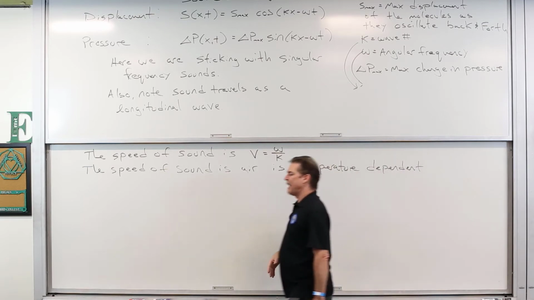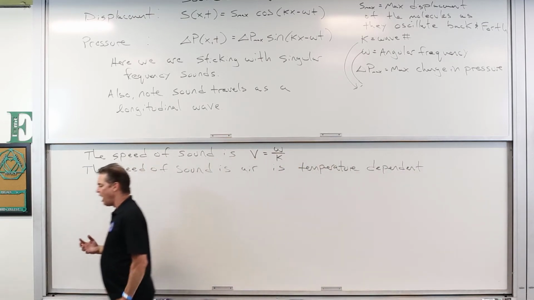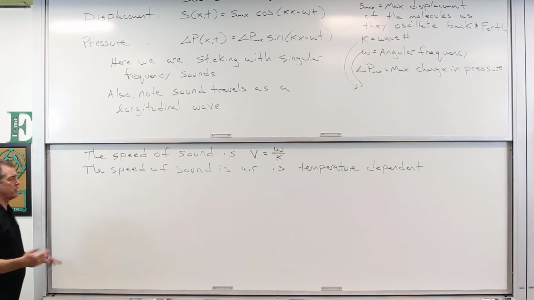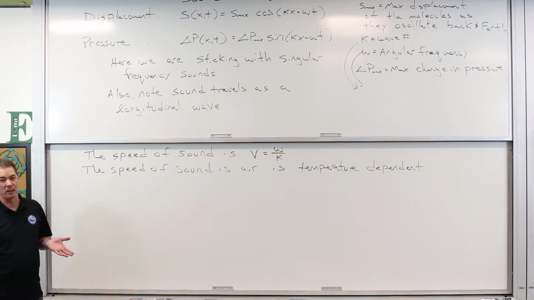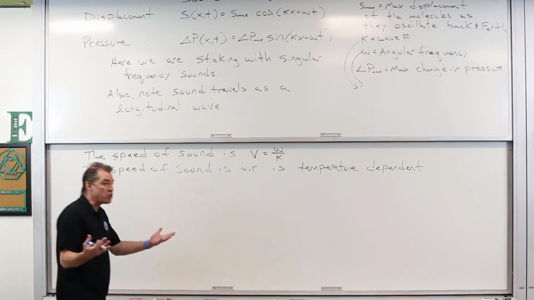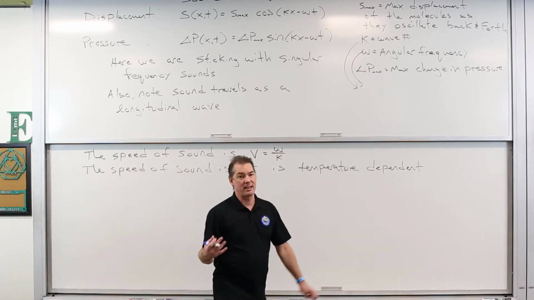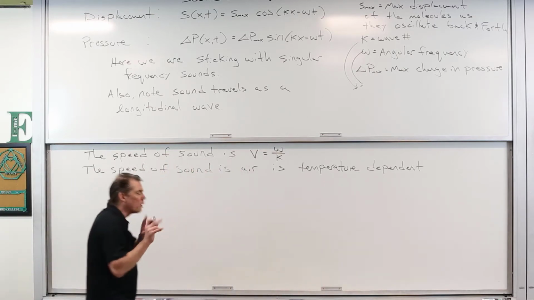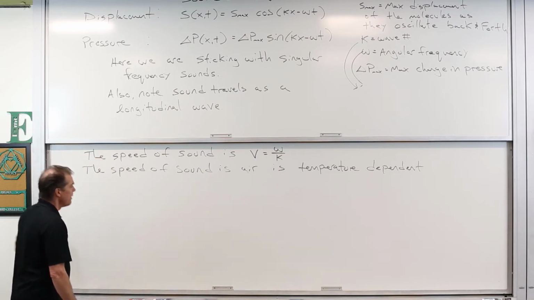So the speed of sound in a given substance really depends on some bulk properties of the substance and the elasticity of the substance. Much like waves on a string depended on the tension in the string and the linear mass density, we have the same sort of correlations with the speed of sound through a substance.